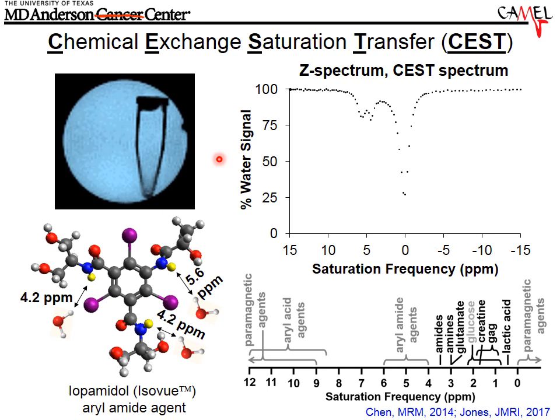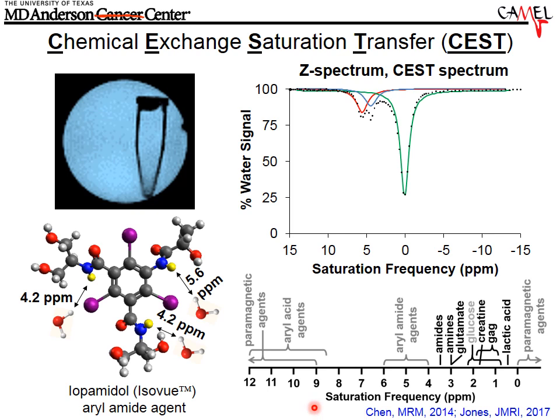And in this particular case, we fit the CEST spectrum with Lorentzian lines to show the CEST peaks at 5.6 and 4.2 ppm. So this is a molecular imaging method able to directly detect or indirectly detect molecules based upon the water signal after the saturation transfer through chemical exchange.